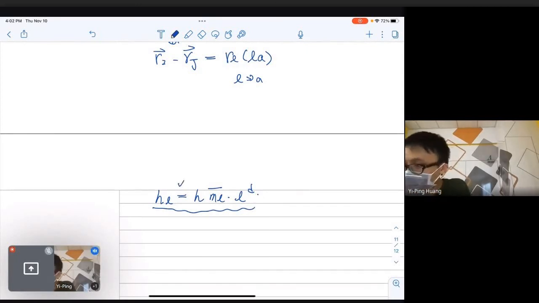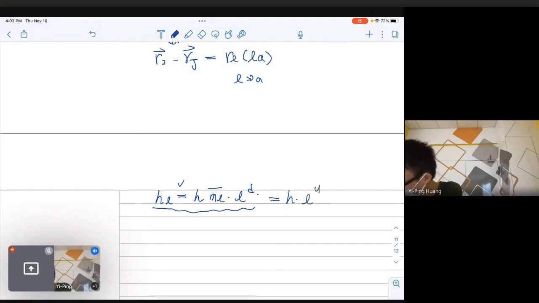But we also have the assumption that HL must be equal to H times L to the power of YH, with YH greater than 0. From here, we can try to derive what ML bar is. Because H is the same, we can just drop it.